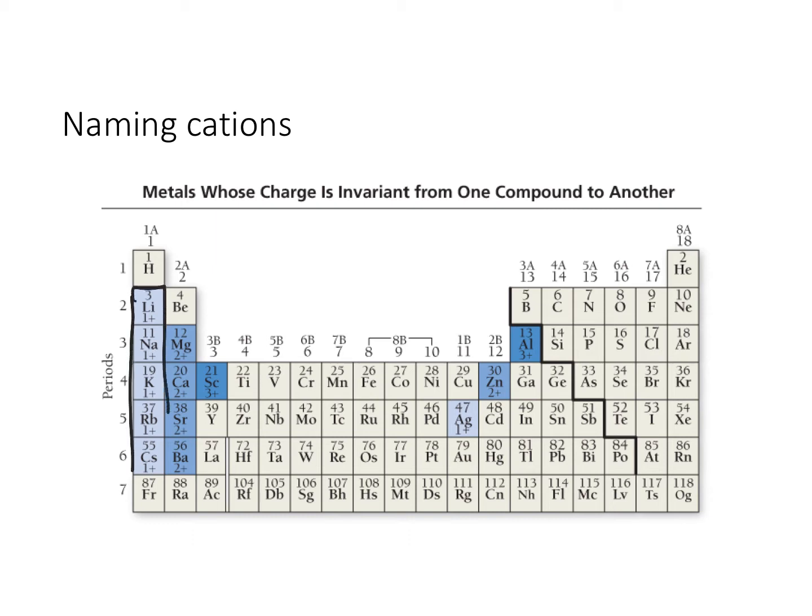If they form cation, because they're metals, they lose 1 electron, and they are in group 1A. And then group 2A metals lose 2 electrons, aluminum loses 3 electrons, zinc loses 2 electrons, silver loses 1 electron. So you should know them, okay?